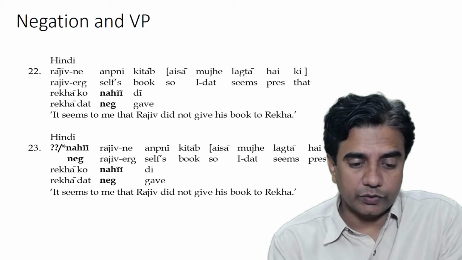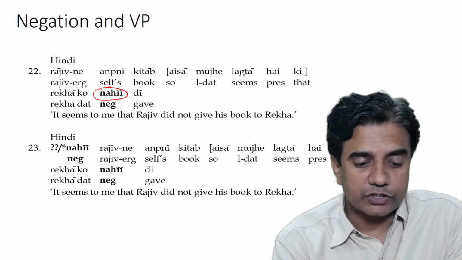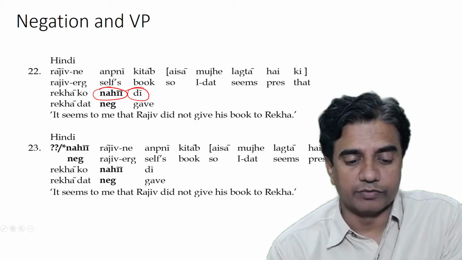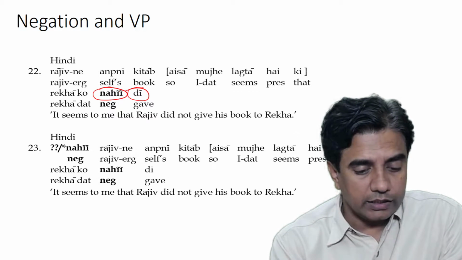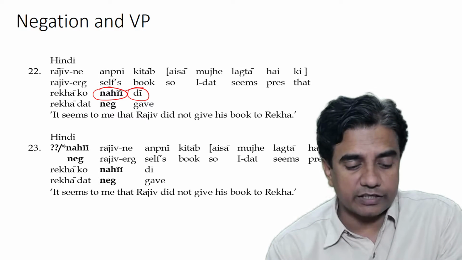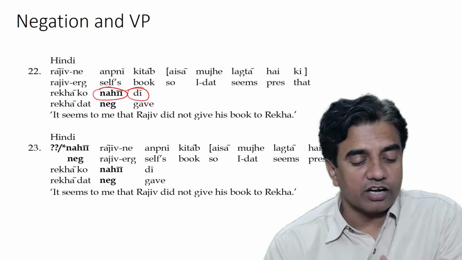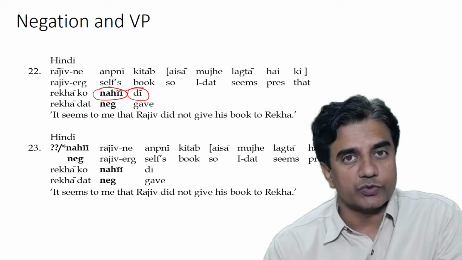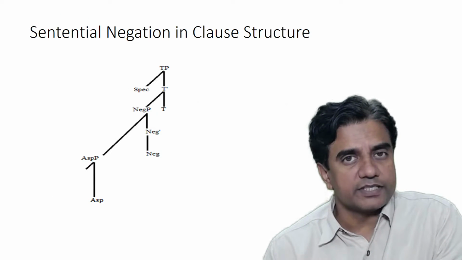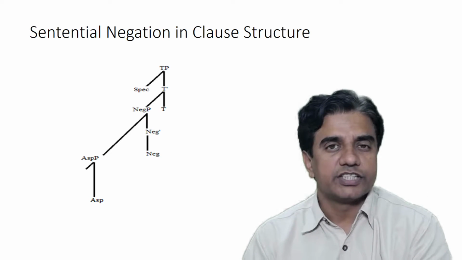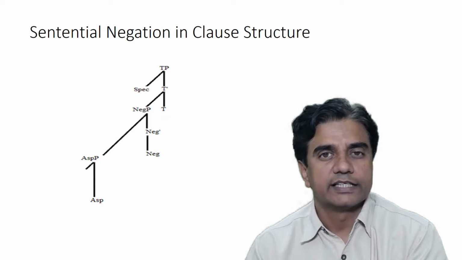And we do see that the negative element still occurs to the left of the main verb. राजीव ने अपनी किताब, ऐसा मुझे लगता है कि, रेखा को नहीं दी. If the negation occurs at the initial position of the sentence in 23, then this sentence is ungrammatical. What this helps us understand is that negation is really part of the VP and cannot occur anywhere else in the sentence.